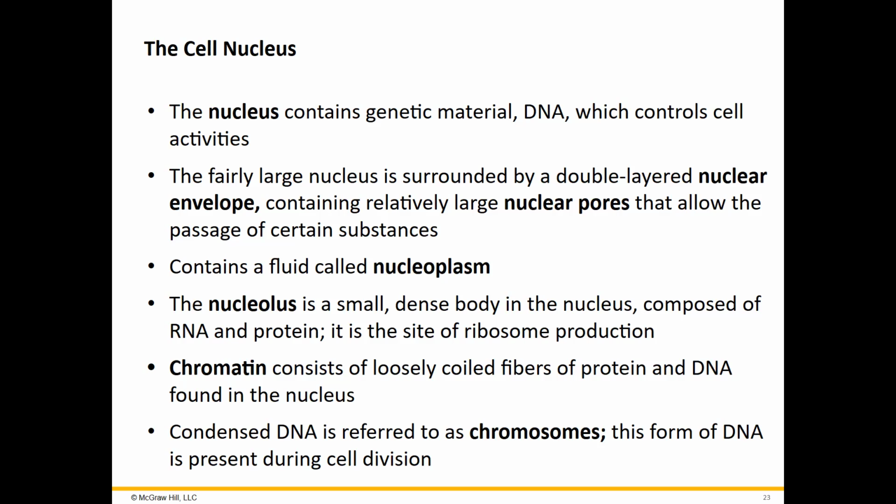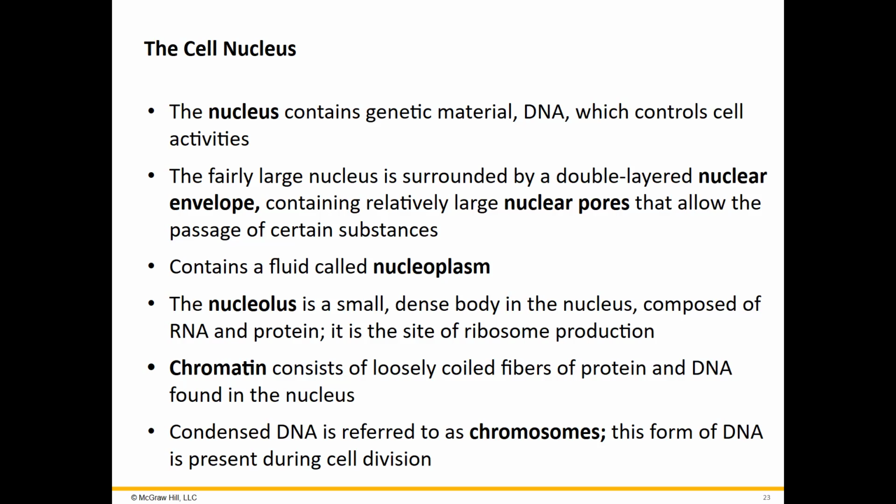Now, the nucleus also has a sort of nucleus called the nucleolus. It's a dense body inside the nucleus that stores proteins and RNA. It's where ribosomes are created. So the nucleus is where the DNA is held.